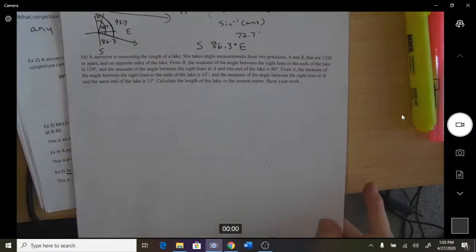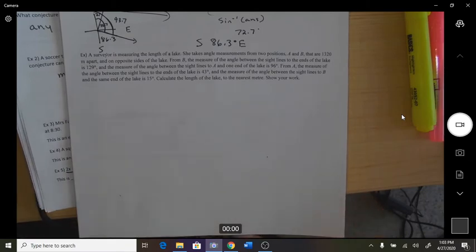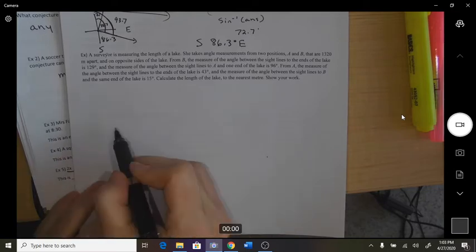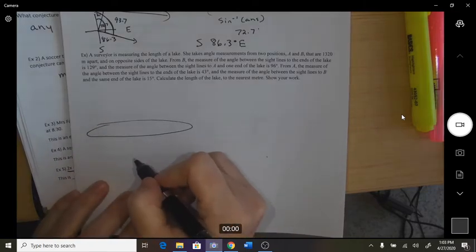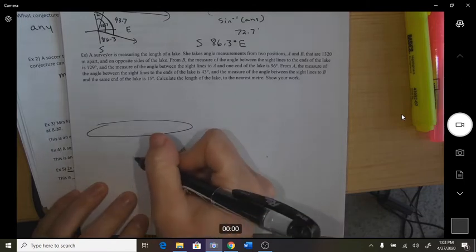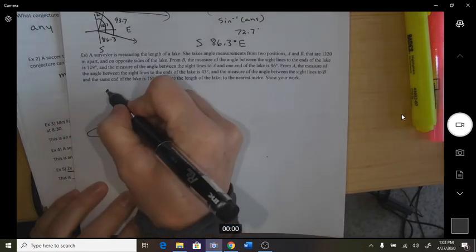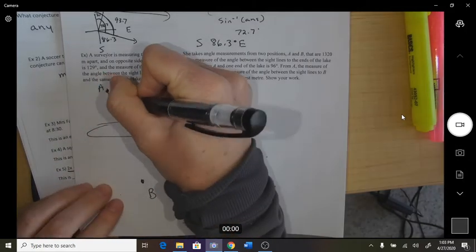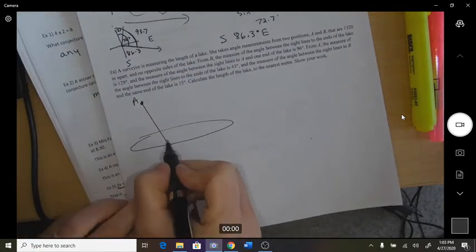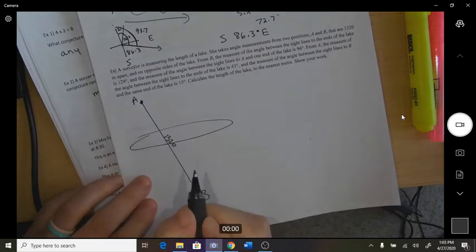Okay, last question. They're measuring the length of a lake. So you measure it from two positions. So here's my lake. A and B are on opposite sides of the lake. They are 1320 meters apart.